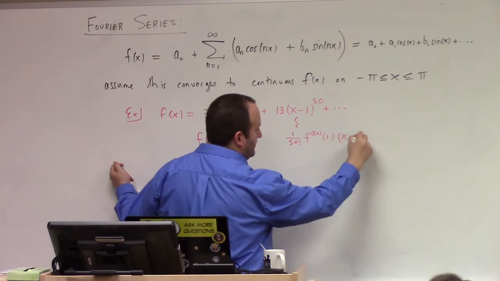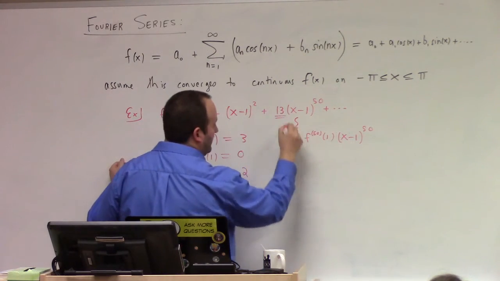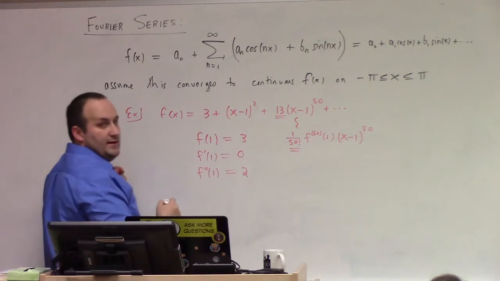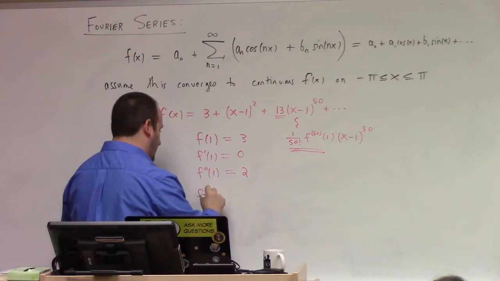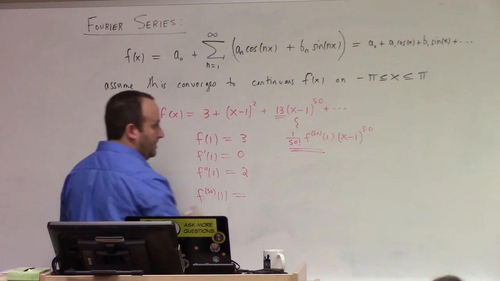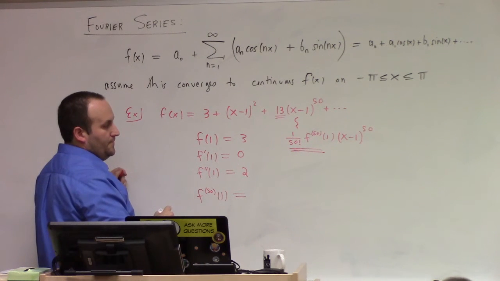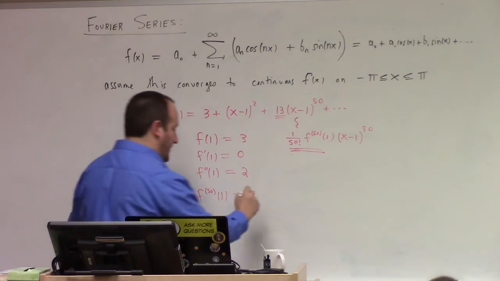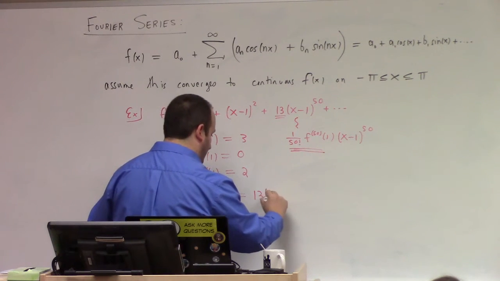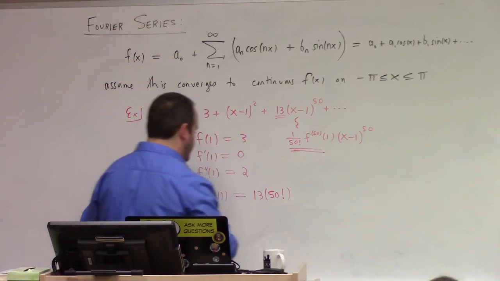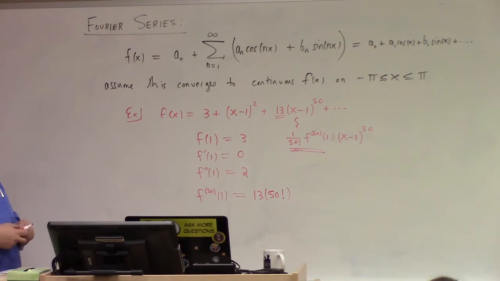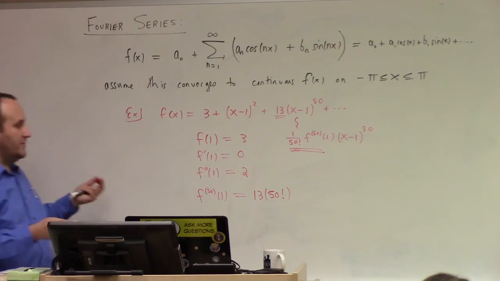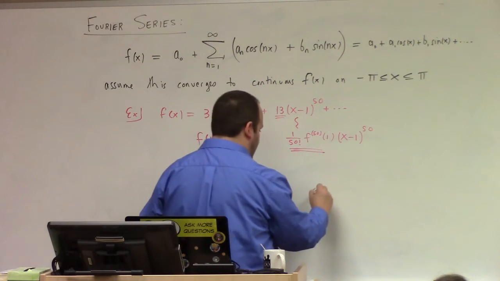So we can compare the coefficient here to this, and that would tell me the 50th derivative at 1 is equal to what? 13 times 50 factorial, right? We've done calculations like this. So the question is, and you know the rest of them, right? Otherwise, what do we get?